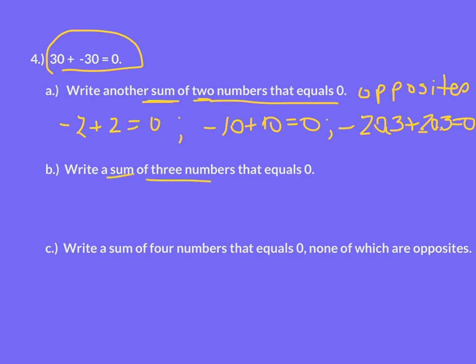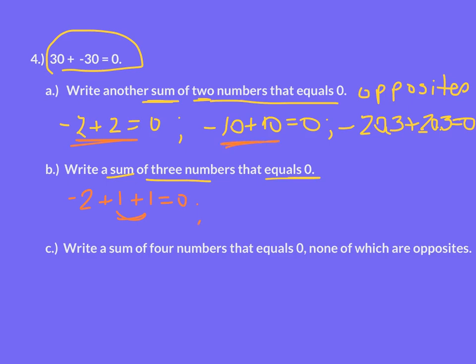Sum of 3 numbers equals 0. Well, I could do a couple of things here. I'll give you an example. If I wanted to change that into 3 numbers, I would use negative 2 plus 1 plus 1, because you see how 1 plus 1 equals 2? That would equal 0. I go over here to this 10.